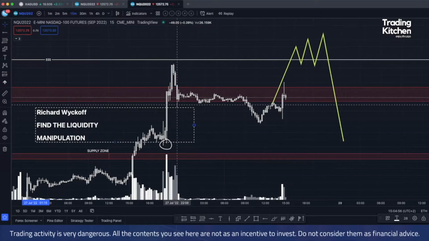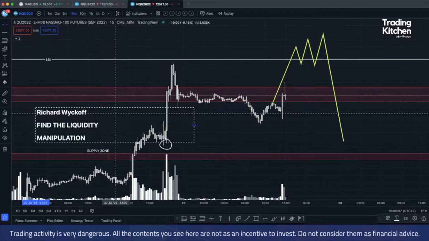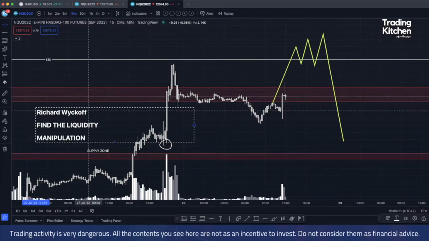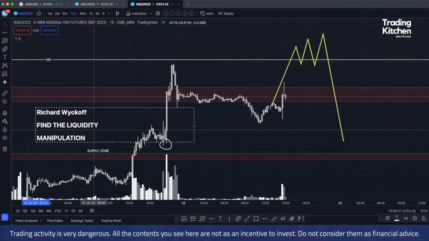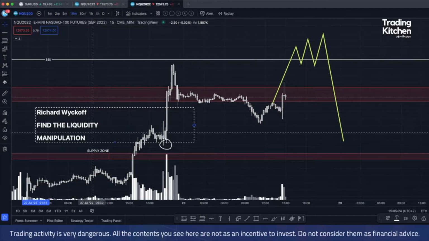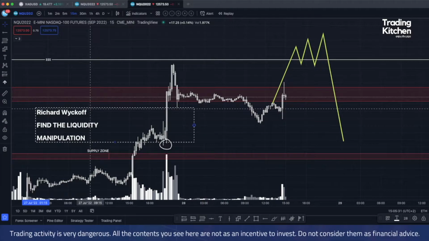Every day they manipulate the market against the retail traders, okay, using liquidity. If you study Richard Wyckoff, you're going to better understand what manipulation is and how it develops on the market. Okay, so this is just a quick tip, and I invite you to go deep into all these concepts.